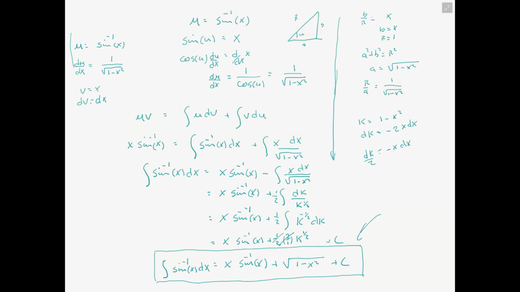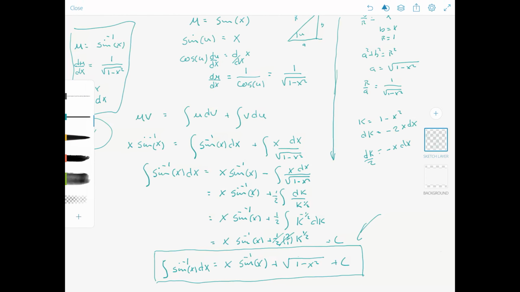The key to the whole thing is how you pick your U and your V. That is key, is knowing how to pick your U and your V. It makes it simpler if you choose it correctly. Otherwise it may be impossible to figure out. So it takes a little practice in order to get it straight.